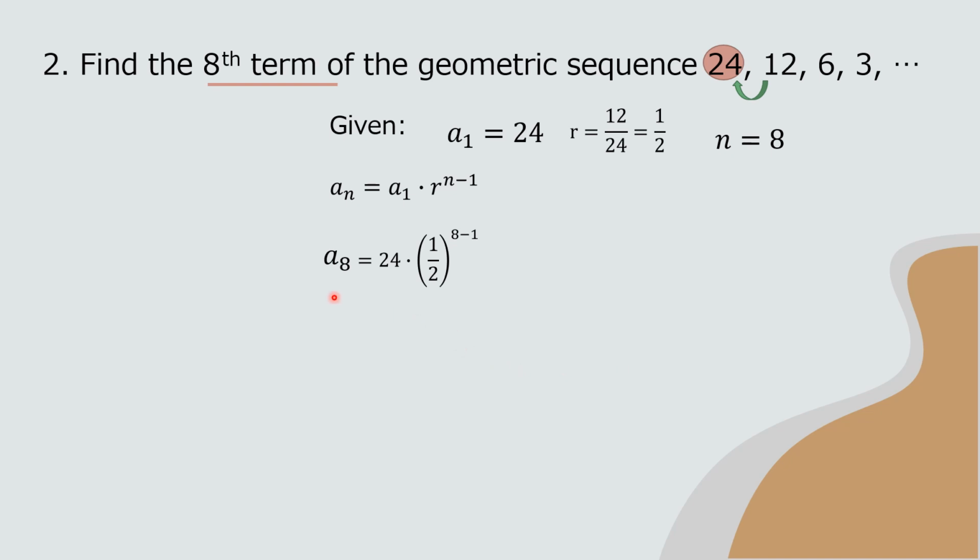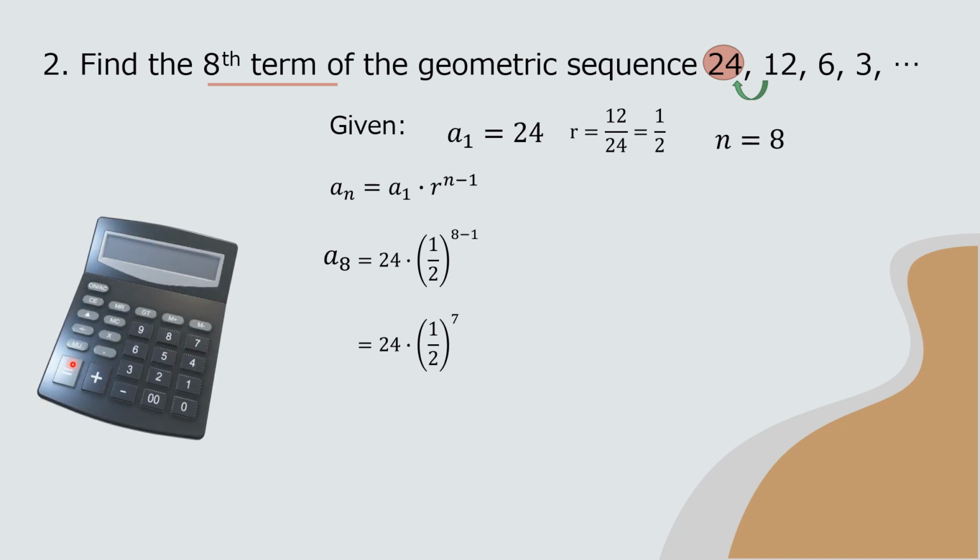Substitute the given values in the nth term formula. A sub 8 is equal to 24 times 1/2 raised to 8 minus 1. So calculate the common ratio raised to the power of n minus 1. So we have 24 times 1 over 2 raised to 7.